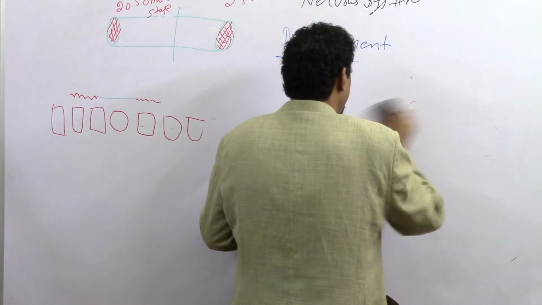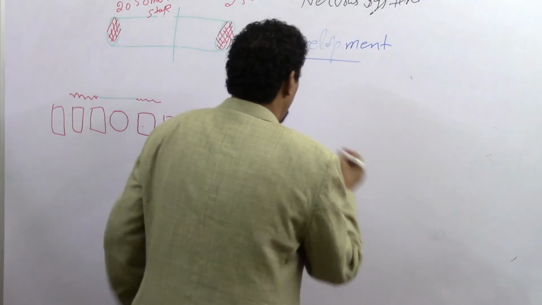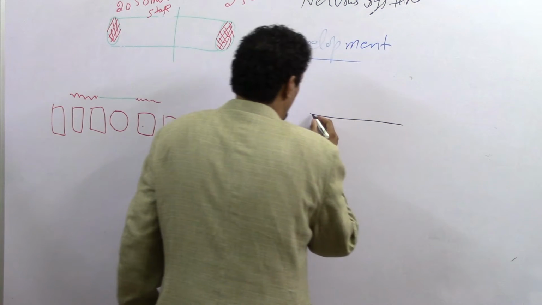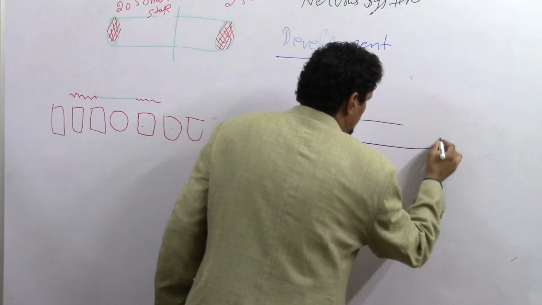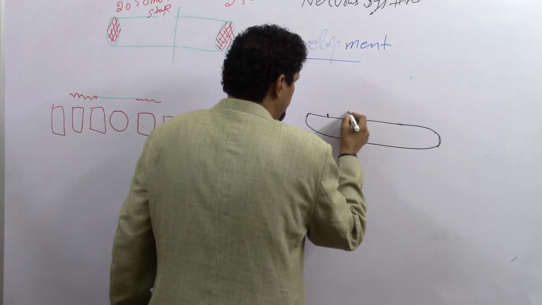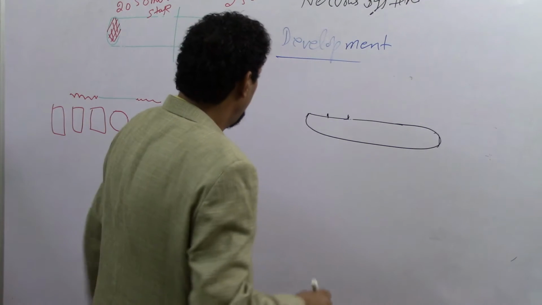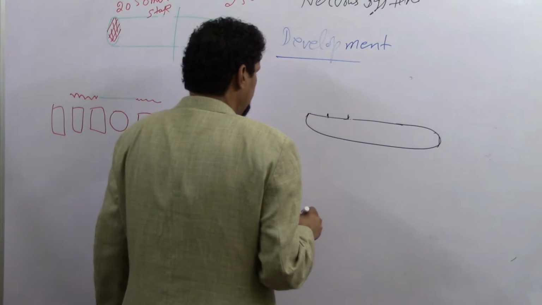So it has a tube-like structure which will start two constrictions and dilatations in its rostral part during the 5th week of development.